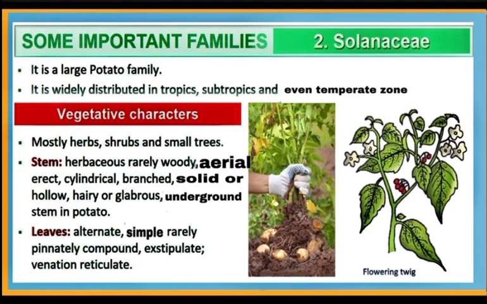It is aerial, erect, cylindrical, branched, solid or hollow, hairy or glabrous, meaning without hair, but it is underground in potato. Leaves are alternately arranged, simple, rarely pinnately compound. Exstipulate, meaning without stipule, and the venation is reticulate type.